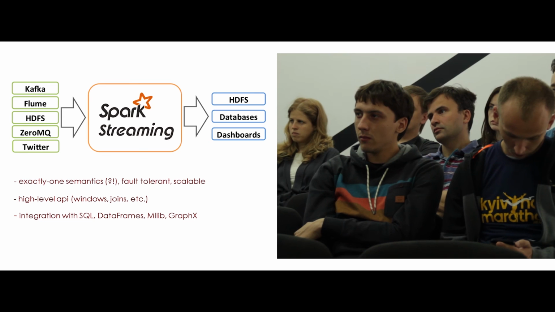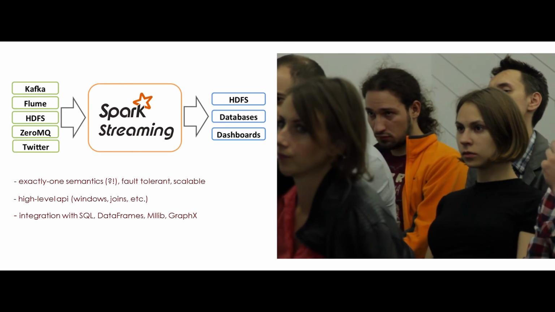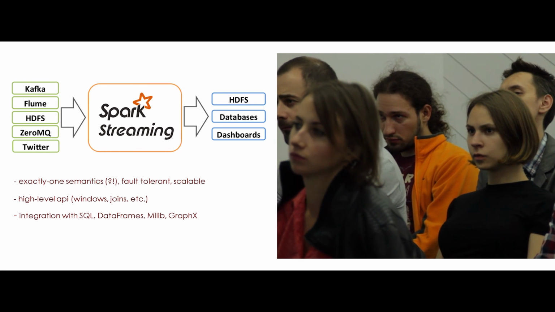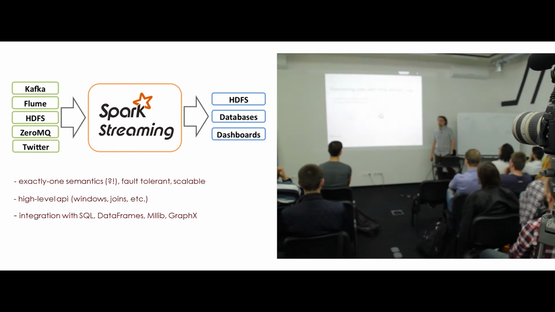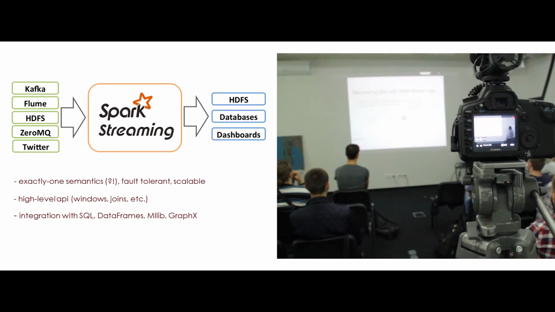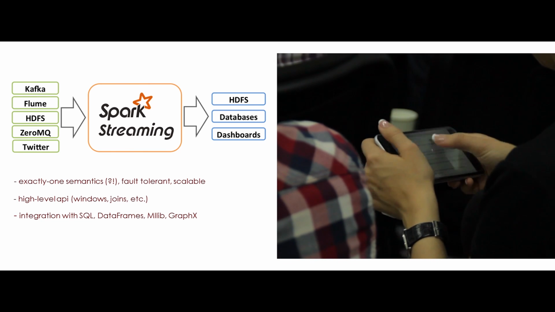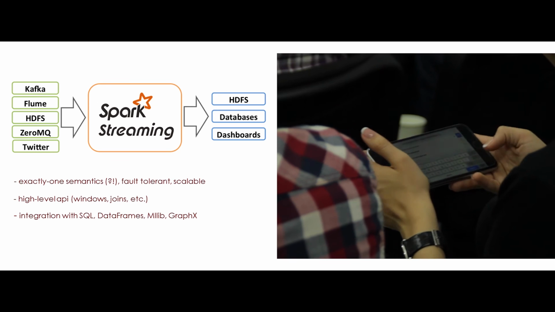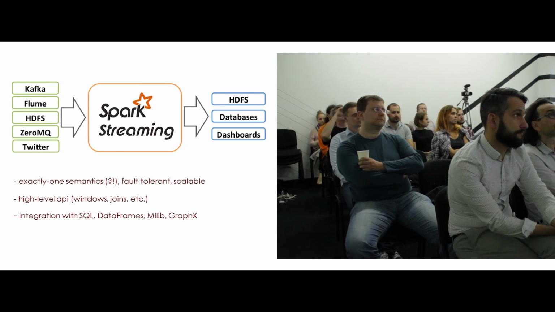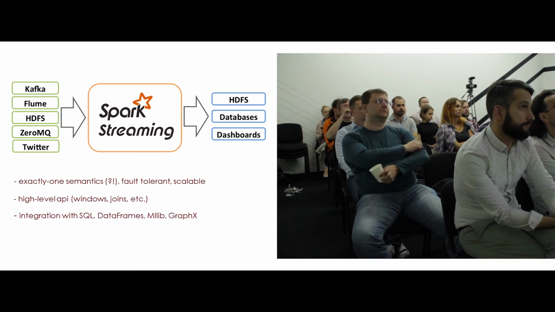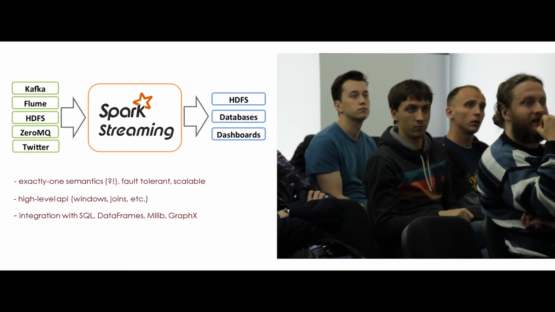As a result, you could put your information in some storage or database, or send it to dashboards, etc. What else could we talk about? Spark Streaming has a very good high-level API for streaming operations like window, join, union, etc., and good integration with SQL, DataFrames, and the machine learning library.